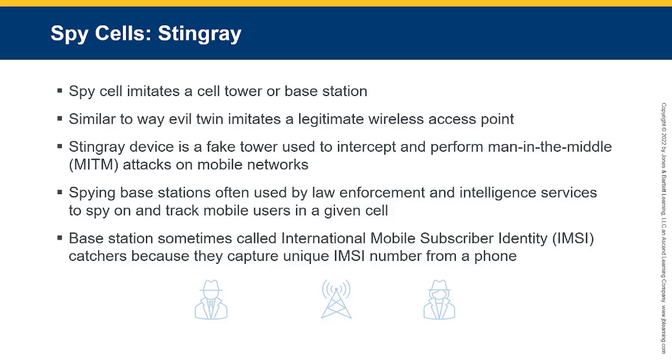The spying base station is often used by law enforcement and intelligence services to spy on and track mobile users in a given cell. These base stations, sometimes called International Mobile Subscriber Identity (IMSI) catchers, capture a unique IMSI number from a phone.